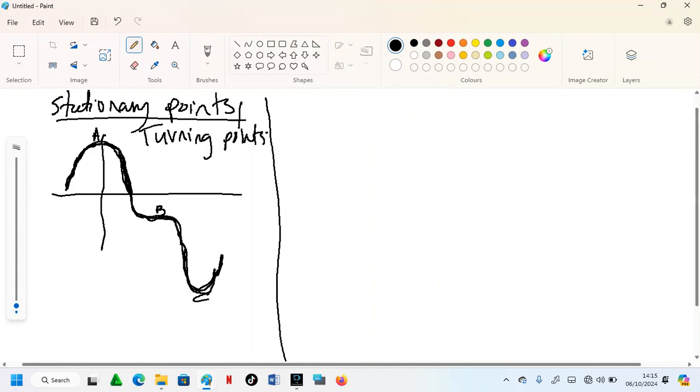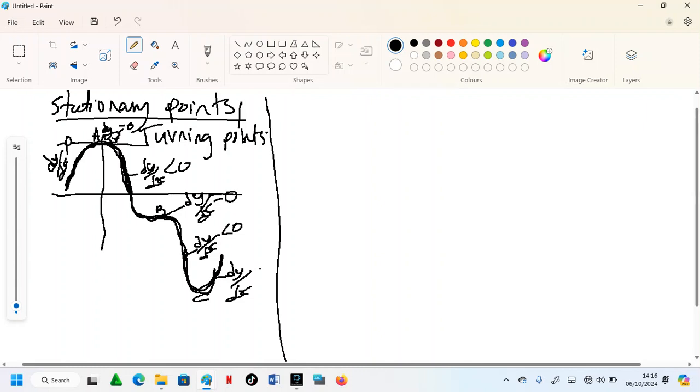So I'm going to say the gradient here, and the gradient, as we know, is dy dx. dy dx here is greater than 0. dy dx here is 0 because it's the turning point. If you have a tangent line here, it will be horizontal. So dy dx is 0. dy dx here is less than 0. dy dx here again is 0. dy dx here is less than 0. dy dx here is greater than 0.